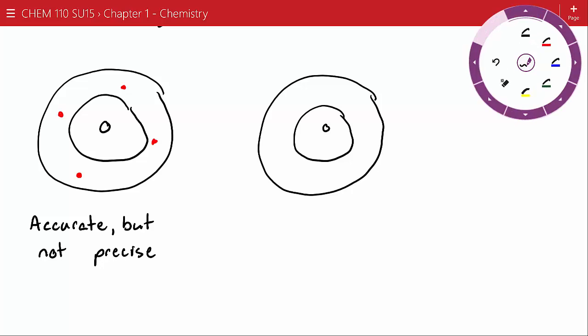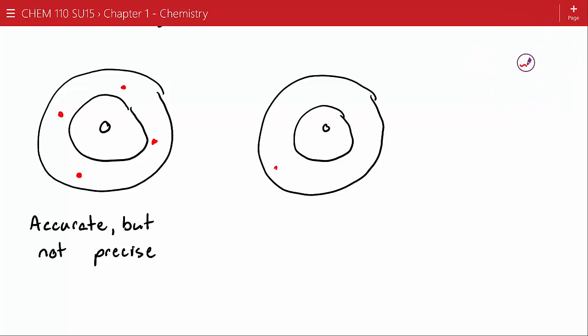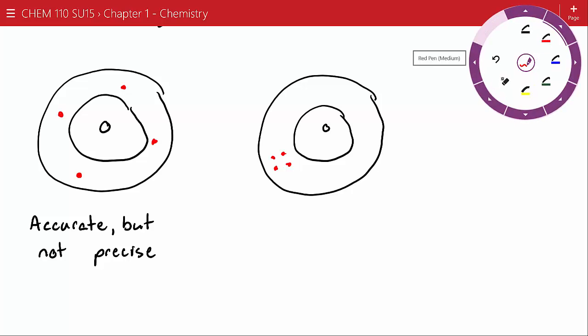And then conversely, I could have a dart player that throws 4 darts over there. And what would this be? It'd be precise, but not very accurate, because if you take the average of them, it's way off the correct value.